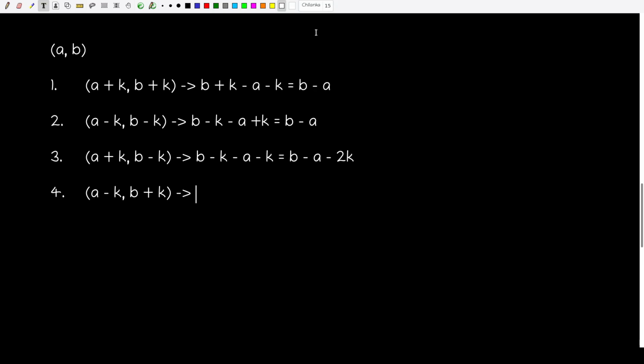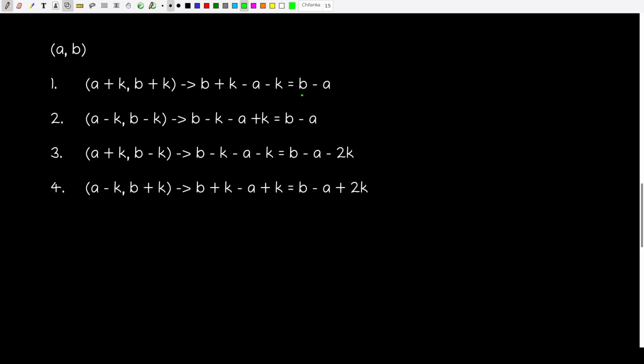And last, this becomes b plus k minus a plus k, which equals b minus a plus 2k. So the resultant value we are obtaining in the first two cases is b minus a. In these two cases, the difference between the height of the towers remains unchanged, so we are going to discard these two. With the fourth one, the difference between the height of the towers gets increased by 2k. So again, we are going to discard this one.